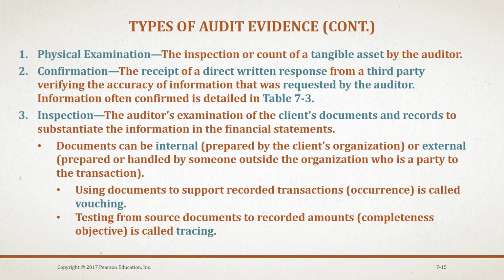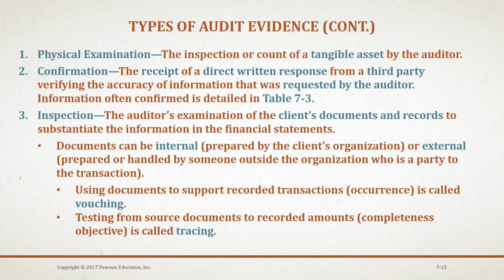Inspection. Inspection, a very powerful form of evidence. Looking at inspecting a document really provides me some good evidence. Now I can get 2 types of inspections, documents that are internal or external. When I use a document to support a recorded transactions, that's called vouching.